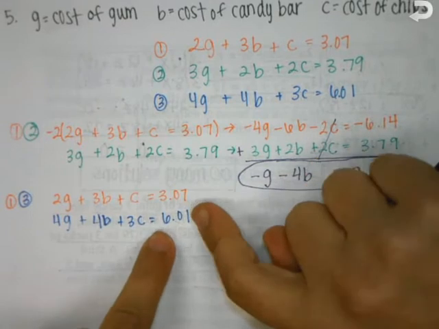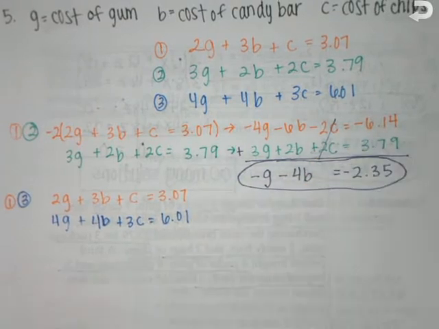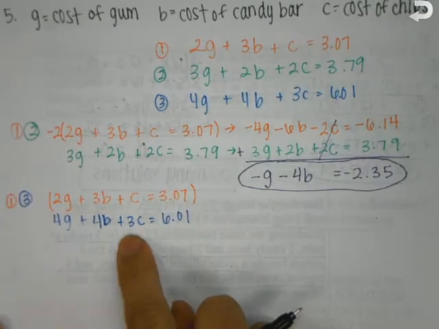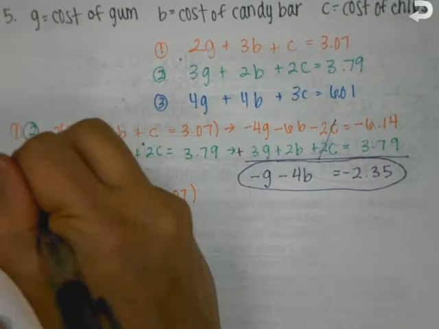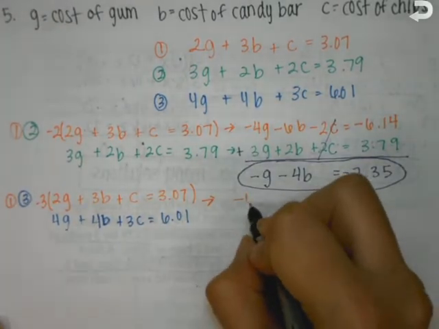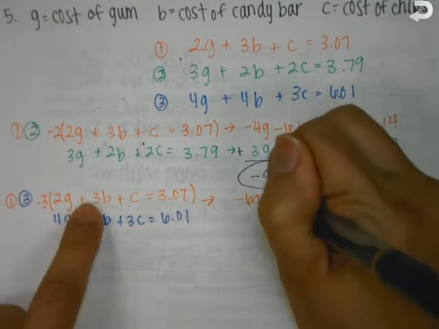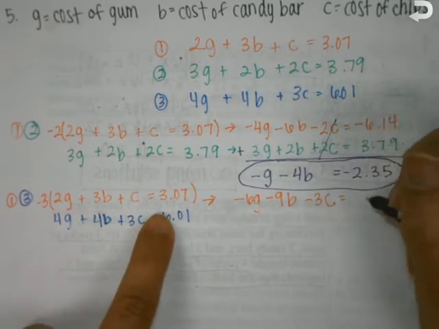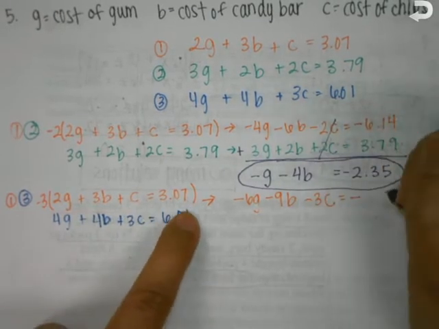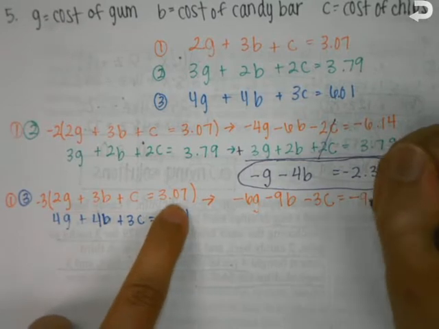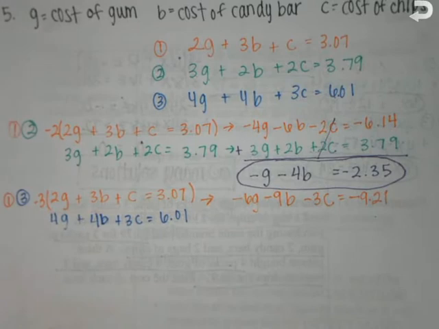So that's going to give me negative 6G minus 9B minus 3C equals negative 9.21. Okay, and then the third equation gets to stay the same. So I'm just going to rewrite it underneath. 4G plus 4B plus 3C equals 6.01.